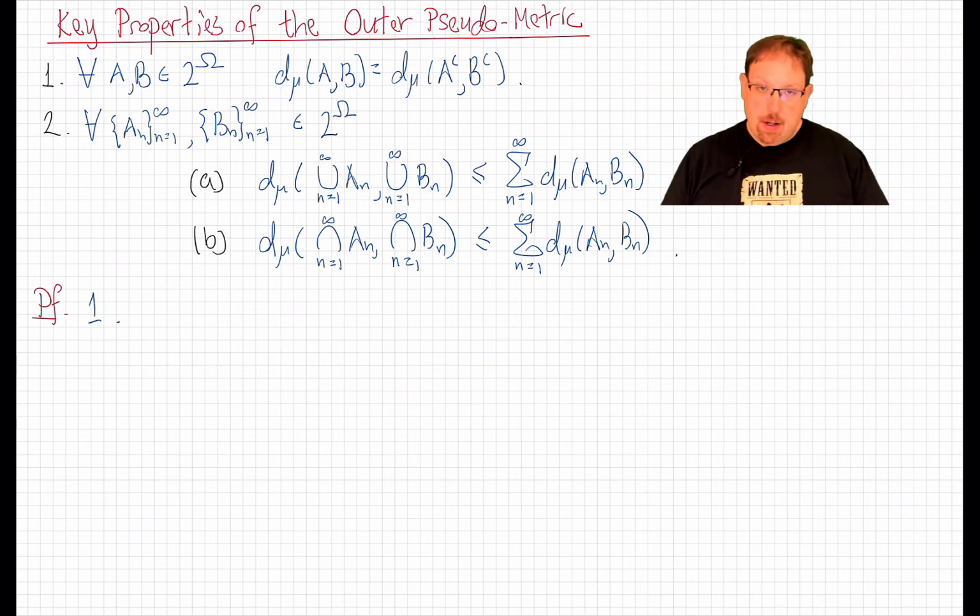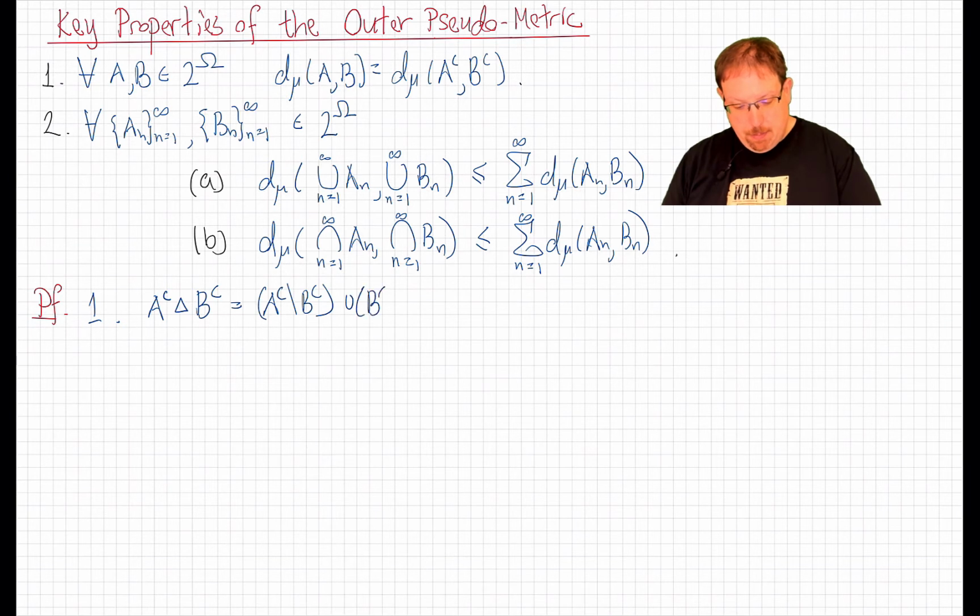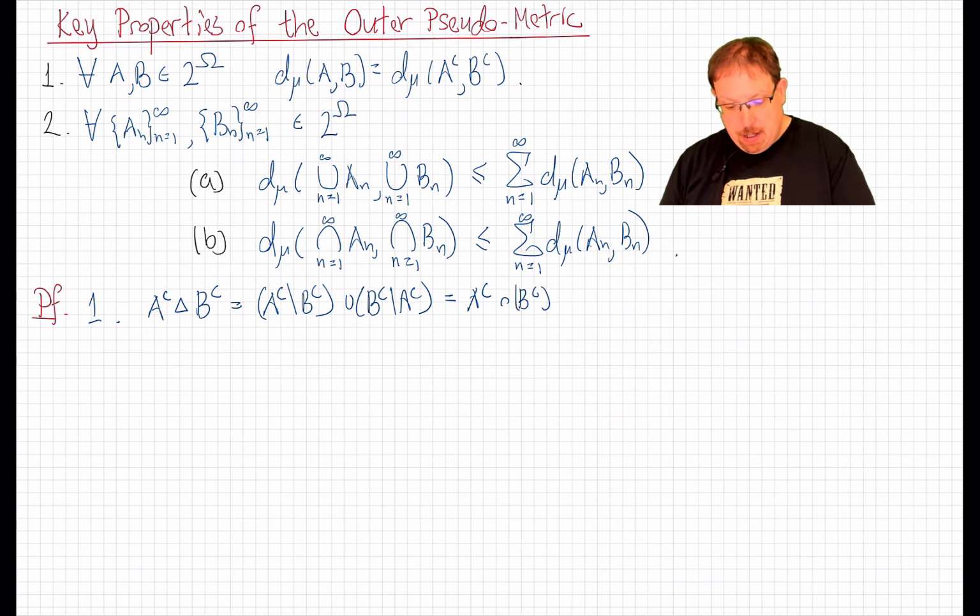For property 1, we simply note that the symmetric difference between A complement and B complement, by definition, is A complement minus B complement, union B complement minus A complement. Now note that set difference is the same as intersection with the complement. So this is A complement intersected with B double complement, union B complement intersected with A double complement.